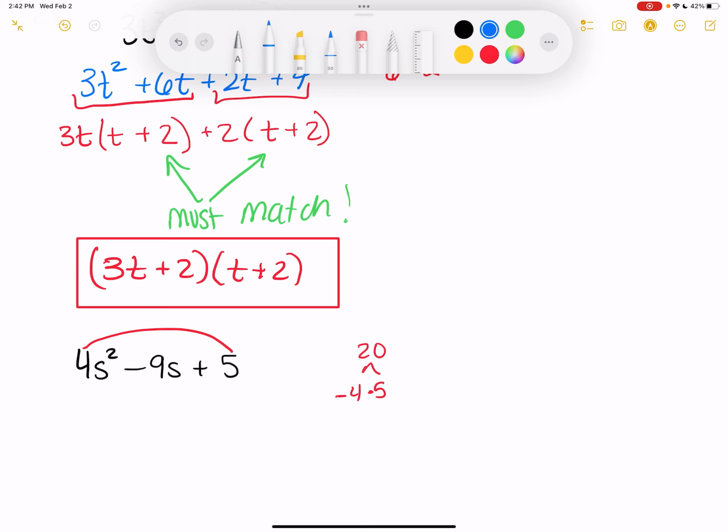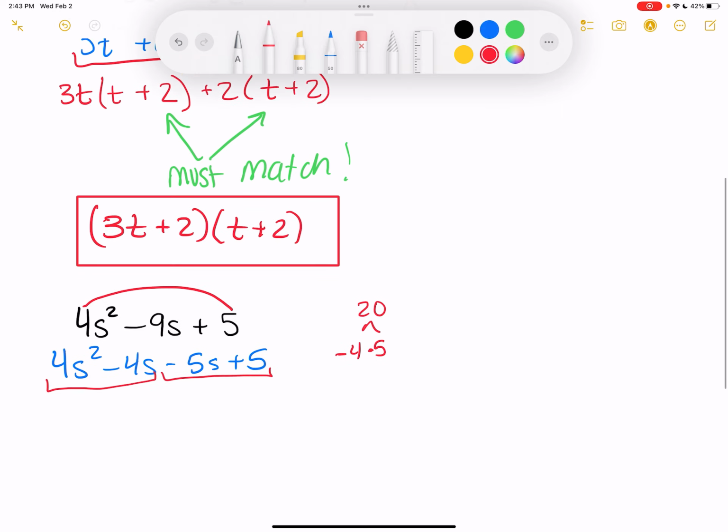So then I'm going to have 4s squared minus 4s plus 5s, or sorry, minus 5s. I just said that it was minus, and I wrote the wrong thing. Plus 5. So I'm going to group first two, last two. So when I group these first two, what can I take out? 4s.